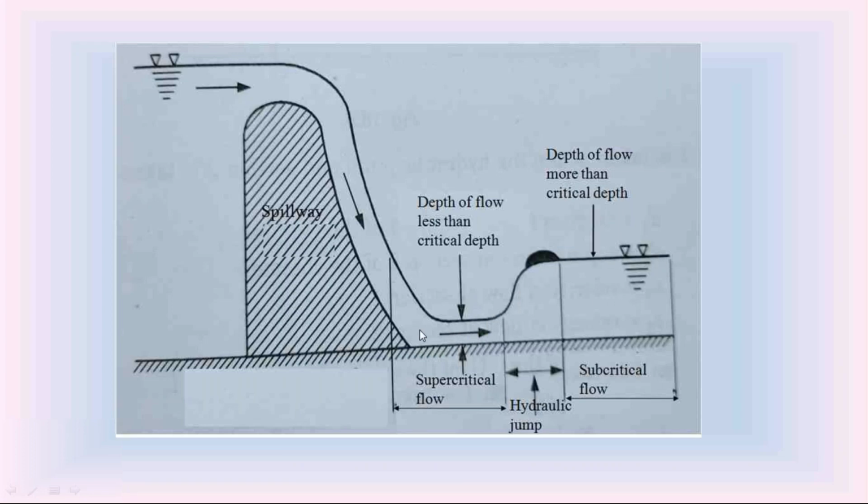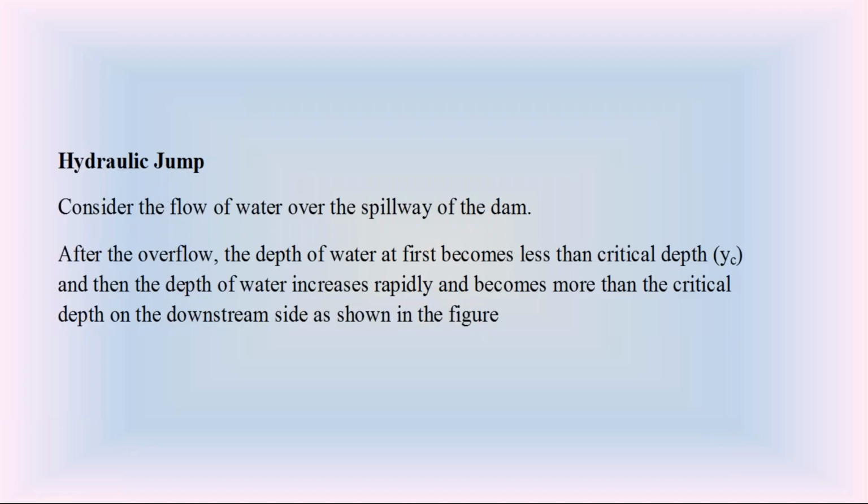There is a large change in the depth of water flow over a short length of channel. So we call this hydraulic jump a rapid varied flow. That is the reason for development of hydraulic jump in the open channels.